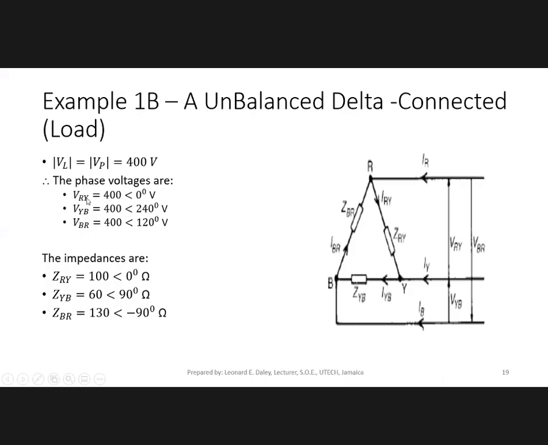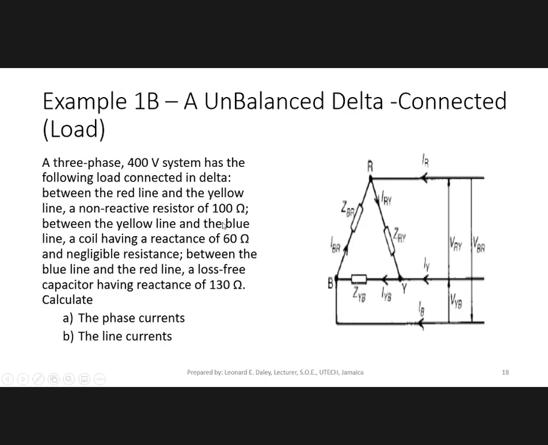So the phase voltages are VRY 400 at angle 0, VYB 400 at angle 240, and VBR 400 at angle 120. And the impedances are ZRY 100 at angle 0, ZYB 60 at angle 90. It was an inductor, right? A coil, right? I was looking for the right word. So a coil, which tells you it's an inductor.